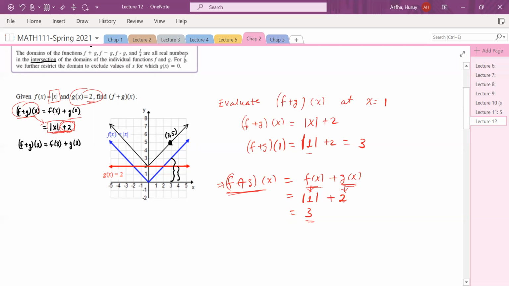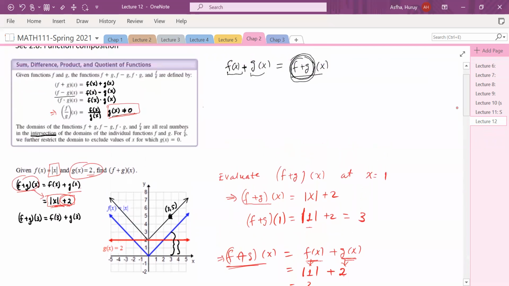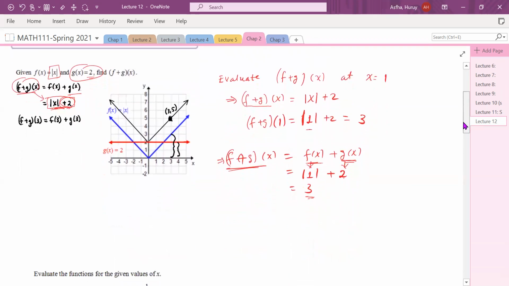And here, we have the function (f plus g) of x, which we found already, and we evaluated it at x equals 1. Using these two ways, we get the same result, which confirms this equality. And it's the same for the others.